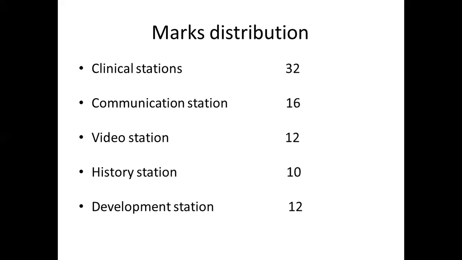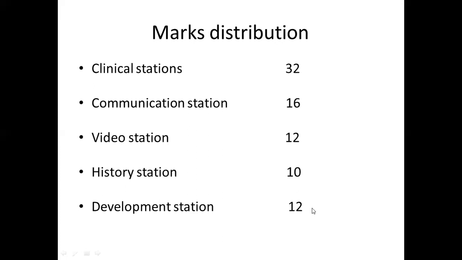Communication usually has two stations, each with 8 marks, so 8 into 2 is 16. There are two video stations, and each has 6 marks, so 6 into 2 is 12. Then there is one history station with 10 marks, and the development station has 12 marks.